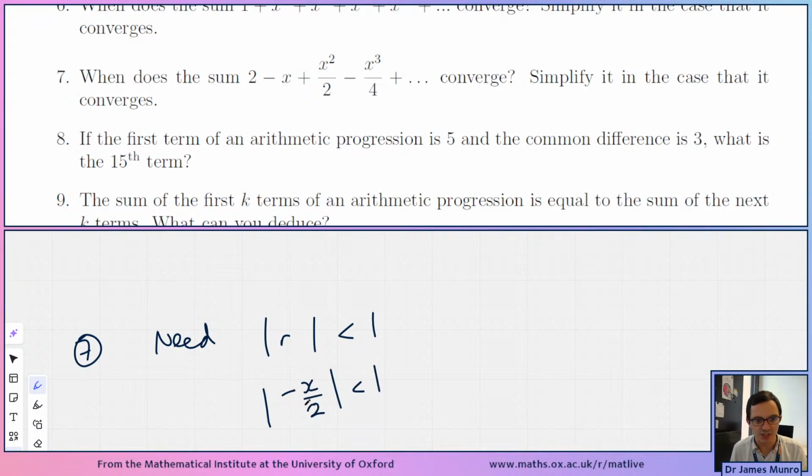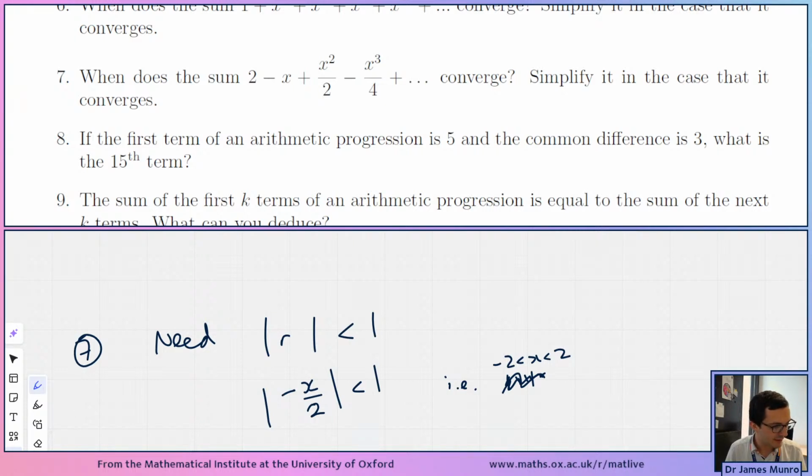I'm putting the negative in just to highlight that that really is a geometric series with common ratio minus x over 2. And this simplifies a lot. So this is true if x is between -2 and 2. In that case, you can use your formula, and then it's all good.